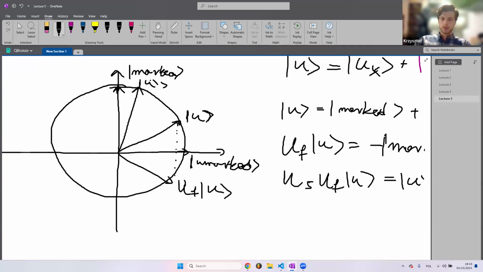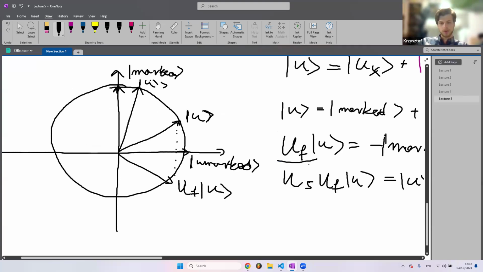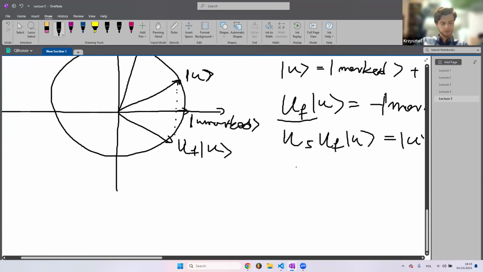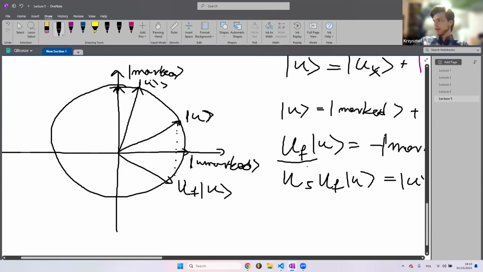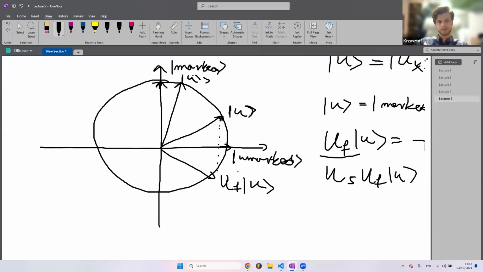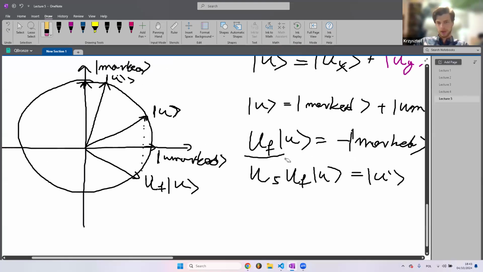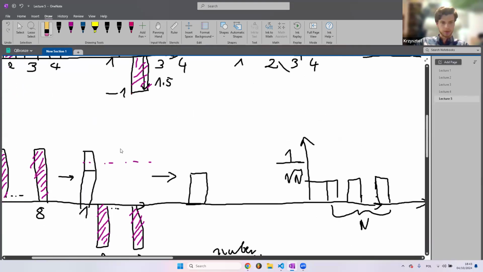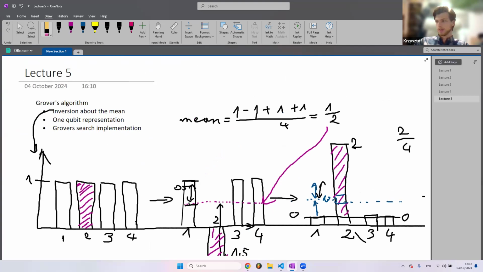We will get to the exact form of this UF operator in a second, but for now you can think of it as applying the minus sign and actually making a reflection about the unmarked axis. Okay, do you have any questions so far? Maybe in the chat, because now I will try to go to Grover's search algorithm itself.